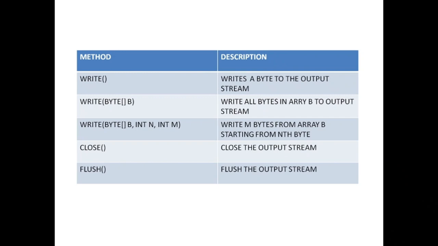So it provides us with the flexibility of selecting the data we actually want to output. The second last one is close. As the name specifies, it is used to close the output stream. And the last one is flush, so that any data that has not been written, or garbage data, can be cleared out of the stream.